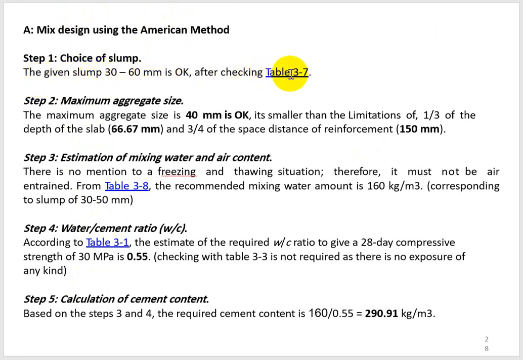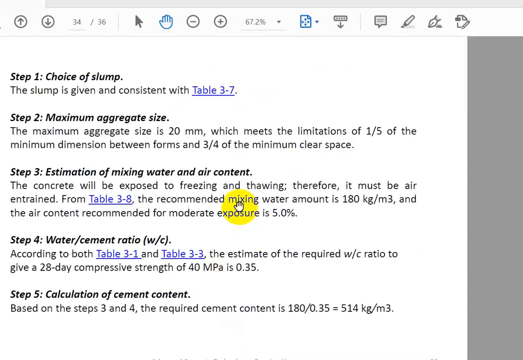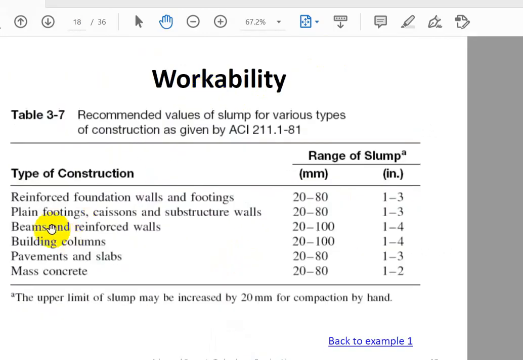If we go and check table 3.7, because here we have the slab, and in terms of the slab, we have structural walls, footings, pavement and slab is 20, so it falls between 20 to 80, and the one we have in the example is 30 to 60, so that falls within the recommended range of slump, and that should be okay.